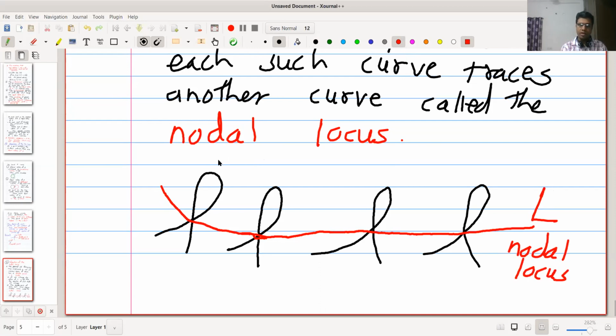And let us call these curves gamma 1, gamma 2, gamma 3, and so on.